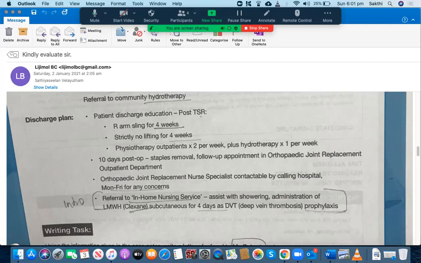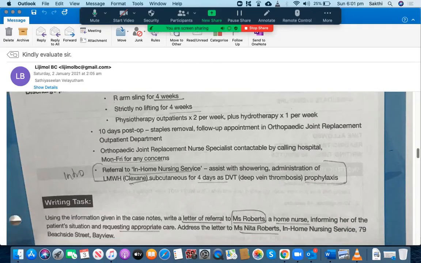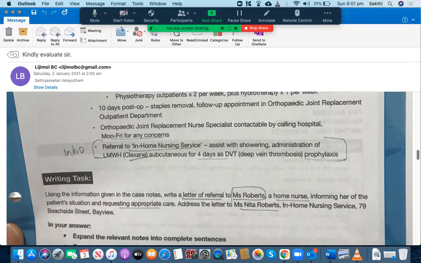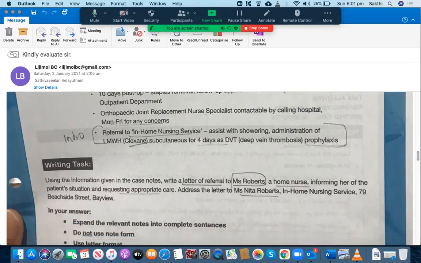Yeah, that's okay. That's for the staples removal at this department only. Okay, so that's correct. Orthopedic joint replacement specialist contactable by calling the hospital Monday to Friday for any concerns. Okay, yeah, that's all right. Referral to in-home services, assist with showering, administration of LMWH. Okay, 4 days is TVT.